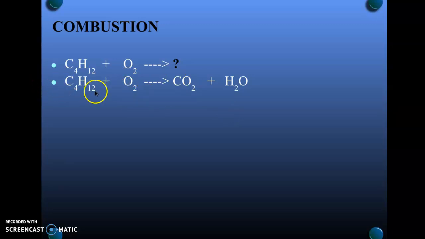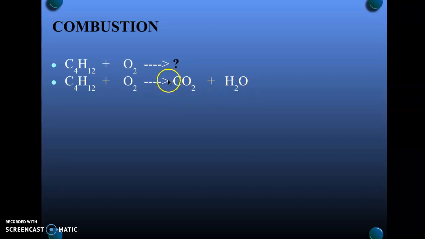Okay? So with this one, we'd want to look at carbon first. So there's 4 carbons here. So we'd want to put a coefficient 4 in front of the CO2. Then we look at the number of hydrogens. There's 12 here. There's 2 here, so we'd want to put a coefficient 6 in front of the water. Then we would add together the oxygens on the product side.